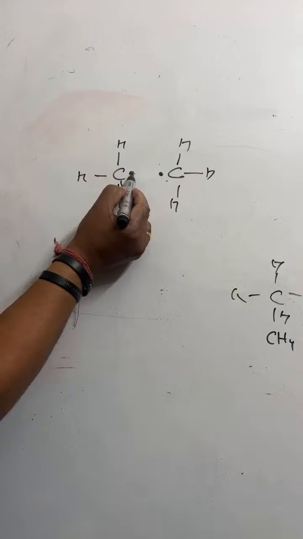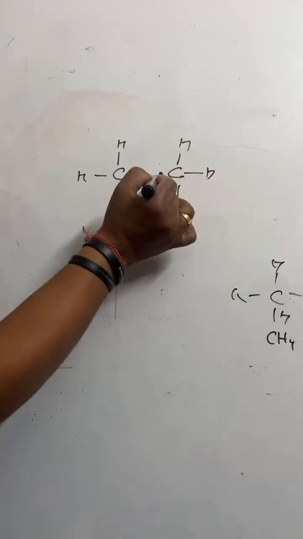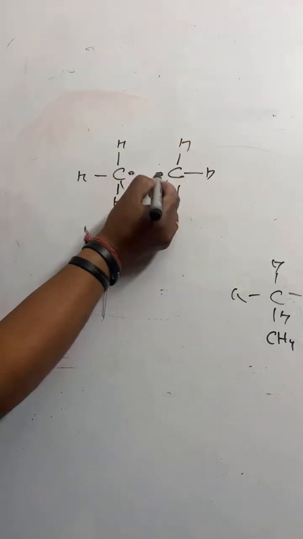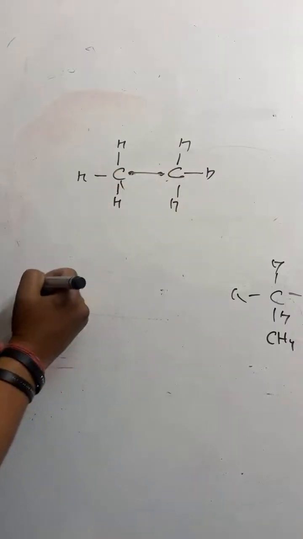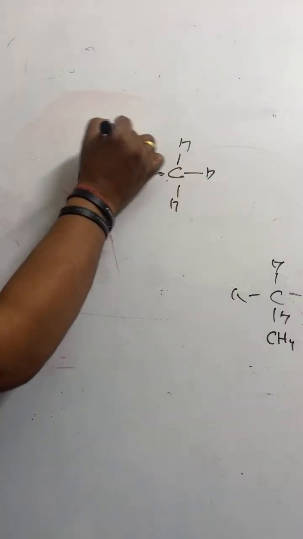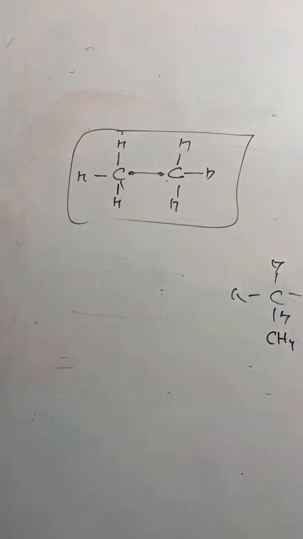One electron is left. Here also three came, one is left. So these left-out electrons make a bond with each other. This possibility is only present in carbon. So this is a very special property of carbon, called the catenation property. This is not found in other elements.